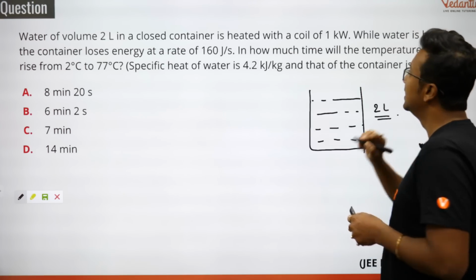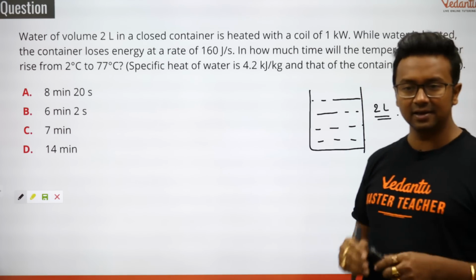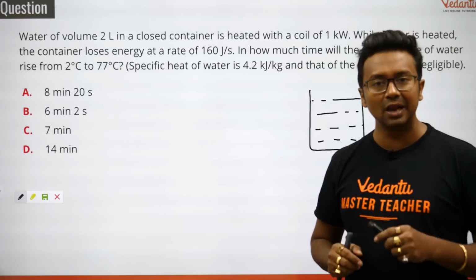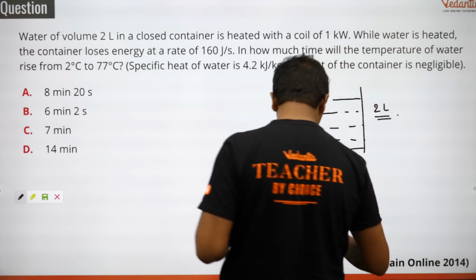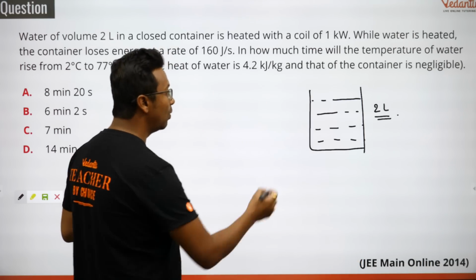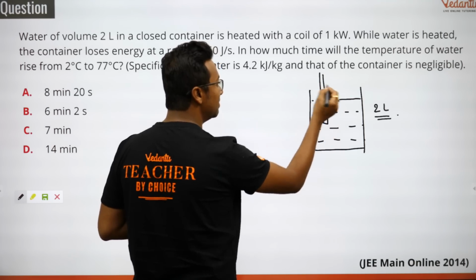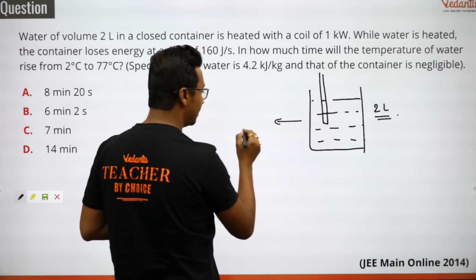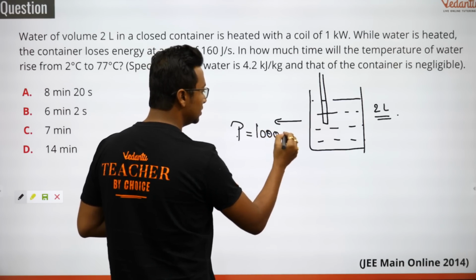Clear? Now inside this vessel there is also a heater which has a power of 1 kilowatt, so it is giving me a power of 1000 watt.